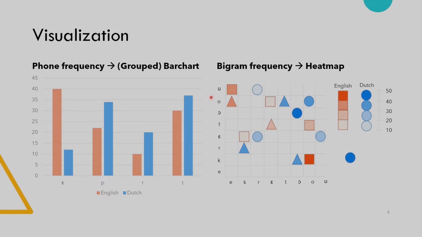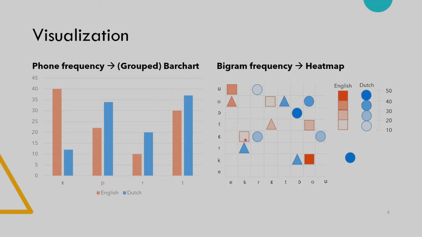Both these idioms are used to compare up to two languages at the same time. Each location in the adjacency matrix, which we will also call a heat map, corresponds to the frequency of the bigram consisting of the phone on the x-axis followed by the phone on the y-axis.